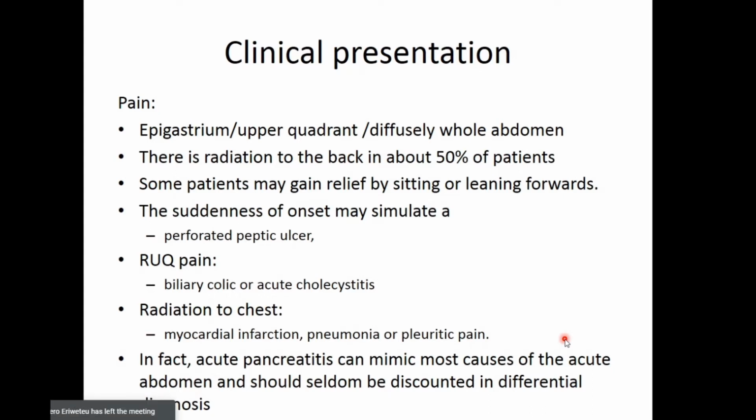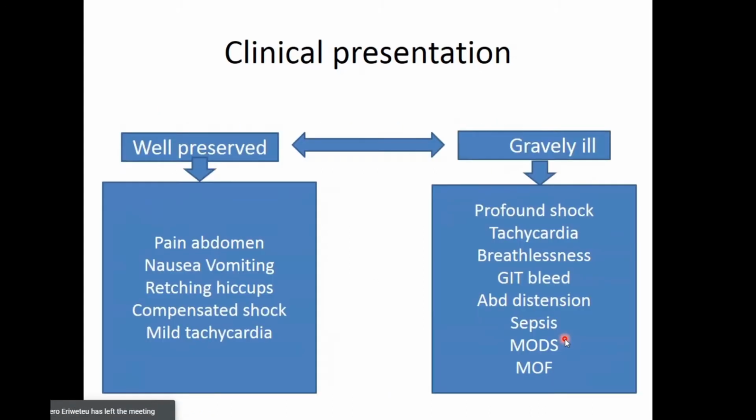Okay, so basically, when we talk about the clinical presentation in acute pancreatitis, since you have seen the pathology part, how it happens pathophysiologically and in terms of the pathology within the gland, there are two things. One is there is edema, and second there is necrosis. So you have a spectrum of presentation.